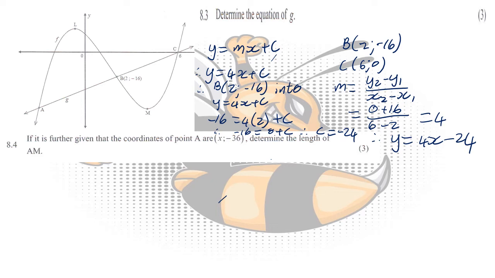Then question 8.4 says, if it is further given that the coordinates of point A are (x, -36), determine the length of AM. In this case, it is important to note that M has a y coordinate of -36, and A also has a y coordinate of -36.